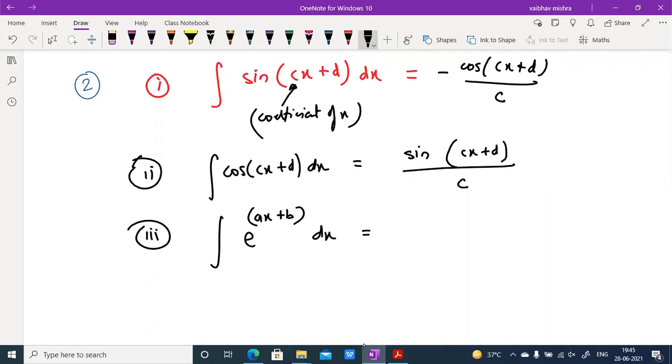So e raised to power ax plus b integration will be what?